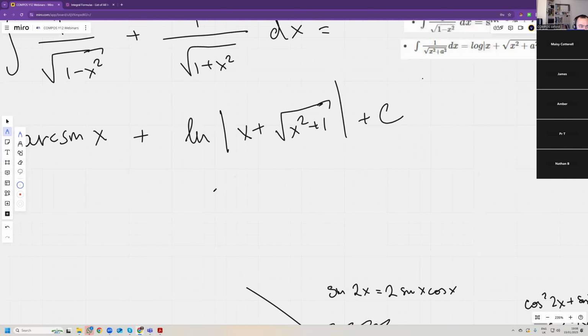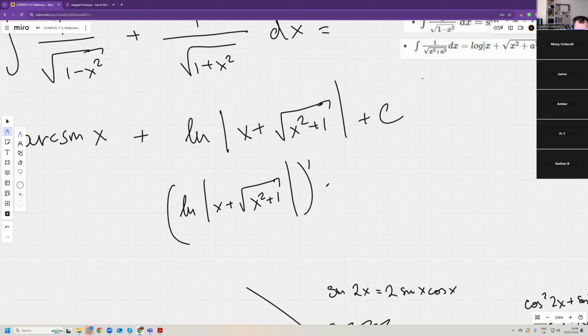Let's differentiate that and check. Logarithm of x plus square root of x squared plus 1. That's going to be 1 over x plus square root of x squared plus 1 multiplied by 1 plus 1 over 2 square root of x squared plus 1 multiplied by 2x.